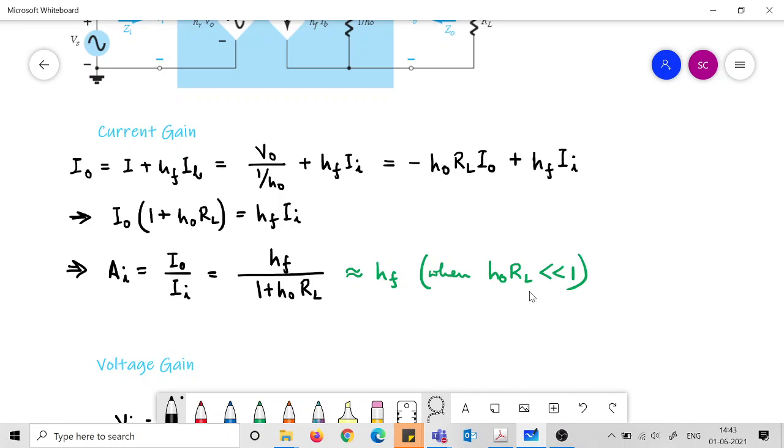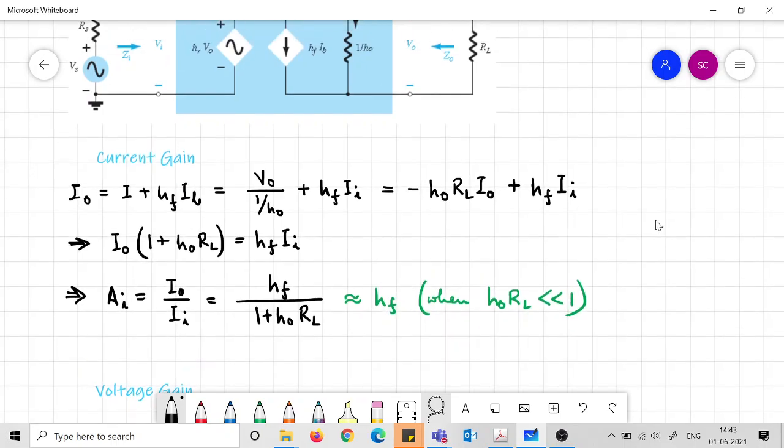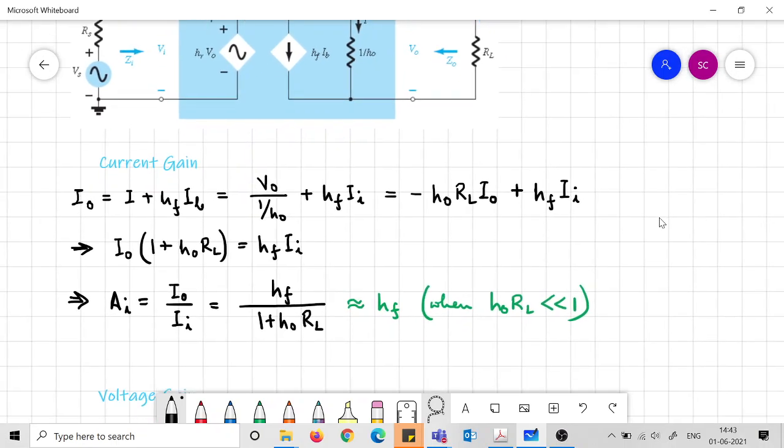So HO RL would most possibly be quite less than 1, but it depends on RL actually. If it is a very high load, then it might not be so. But if RL is a moderate or very small load, then HO RL would be quite small, and you can treat this current gain as the forward current transfer ratio HF only. Otherwise, just divide it by 1 plus HO RL.